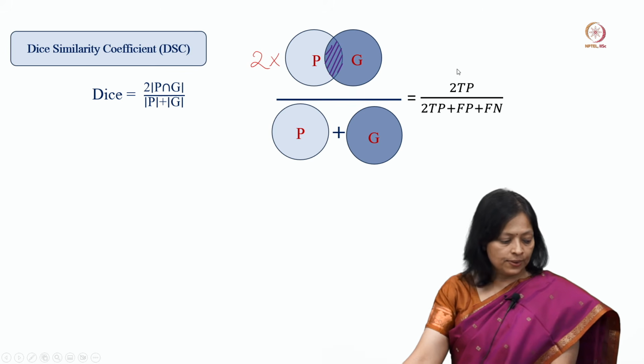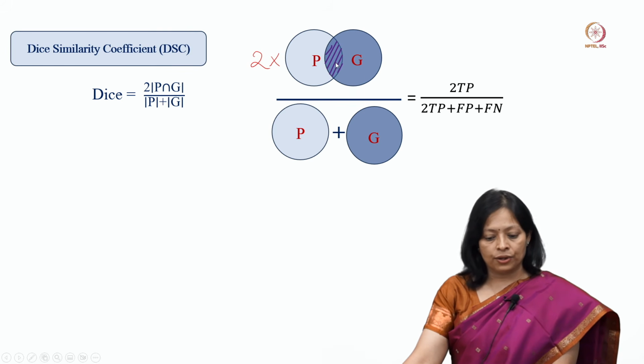How are we getting this one? It's very simple. 2 is here and this is nothing but our true positive. We have seen it in our previous slides. Now, when we are taking these two separately, what is happening? This portion comes 2 times, right? One for this P mask, one for the G mask.